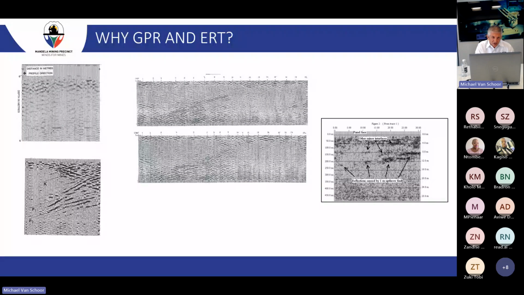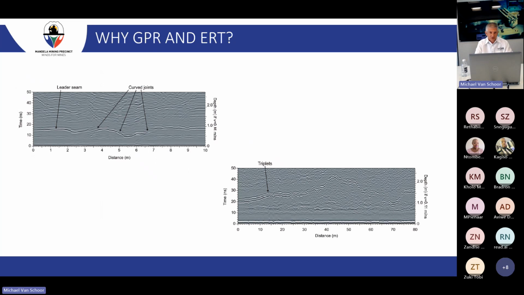And those that are familiar with GPR will immediately recognize that maybe 20, 30 years ago, the technology wasn't as advanced as it is today, and the performance of your GPR was maybe a bit iffy. Just to show you the contrast, these are more recent GPR results. This is already almost 20 years old.